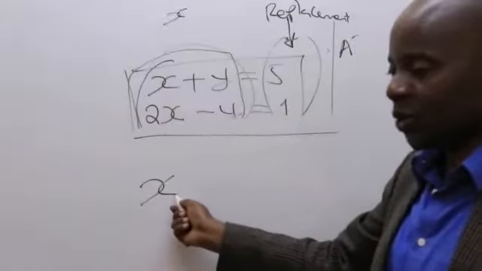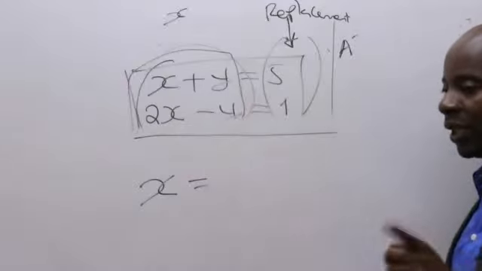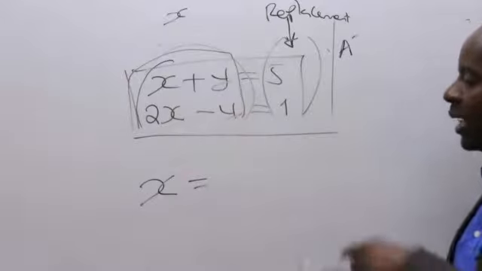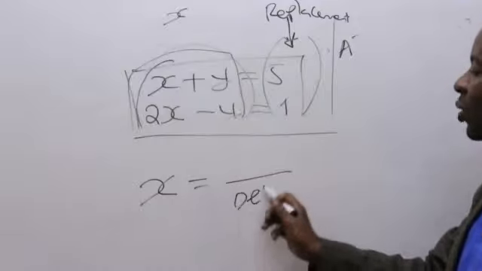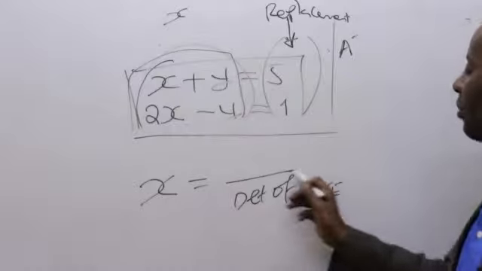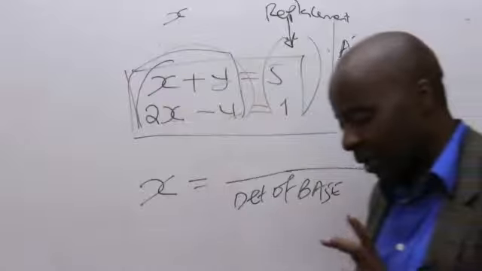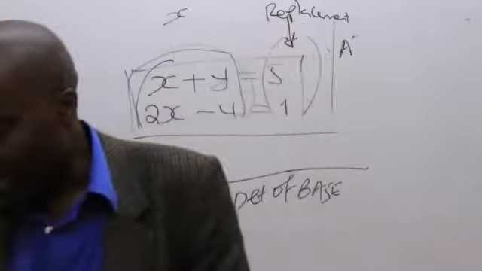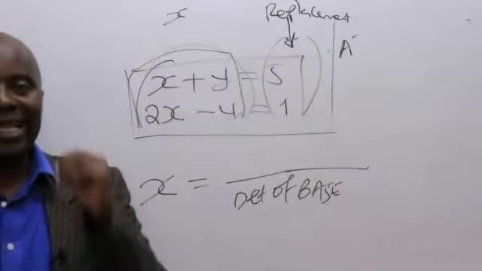Such that if you want me to give you the value of x, I will come and talk over, listen to me very well, two things. I'll be having the numerator matrix divided by the determinant of the base. I wish somebody can just understand this once and for all, because this is quite an interesting thing, something that all of us did in high school.